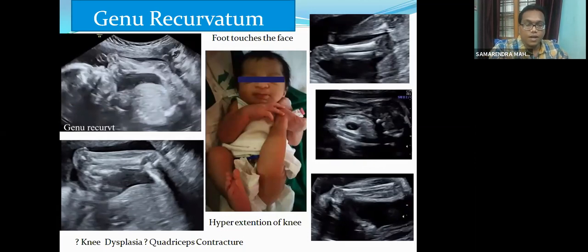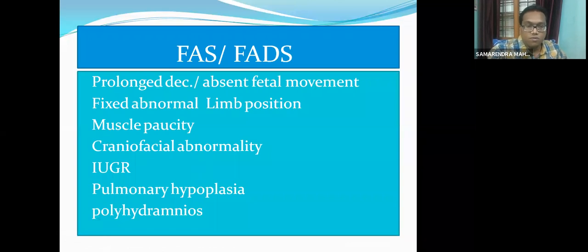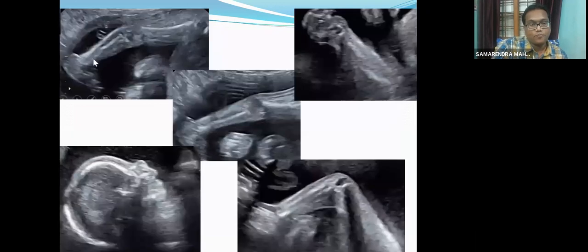knee in one leg. Now coming to fetal akinesia deformation syndrome, where there is prolonged decreased or absent fetal movement leading to fixed abnormal limb position, muscle paucity, craniofacial abnormality, IUGR, pulmonary hypoplasia and polyhydramnios.